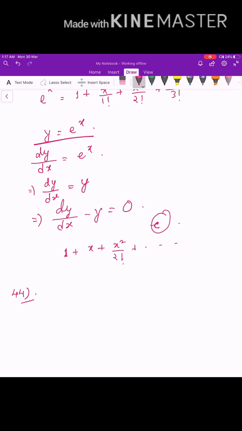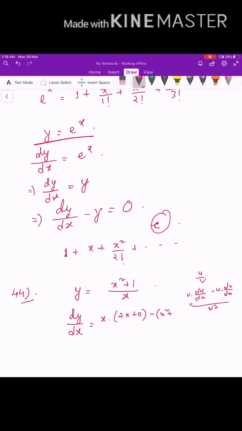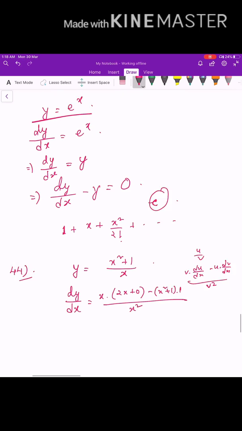Question number 44. The differential coefficient of x square plus 1 upon x. Differential coefficient is nothing but the derivative. So u by v, if you apply, v du by dx minus u dv by dx upon v square. v into differentiate x square plus 1, I get 2x plus 0, minus the second expression, differentiate the denominator, I get 1 upon x square.